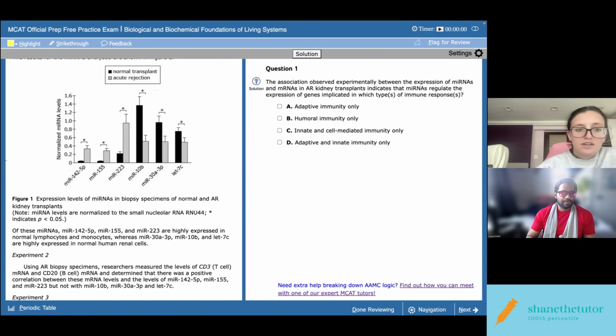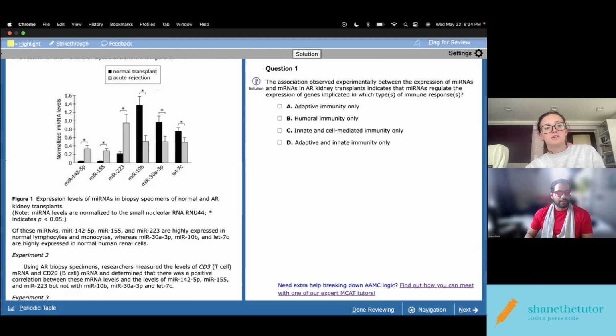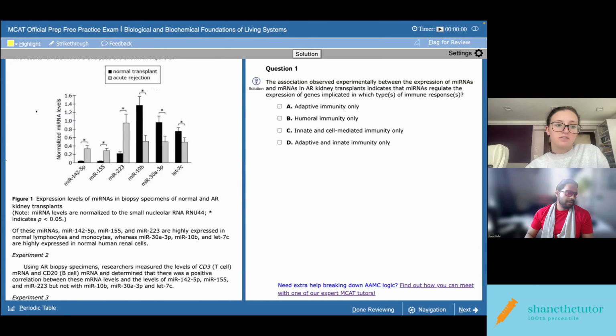It's showing the normal transplant and acute rejection, and the scale of the normalized expression. It varies: in certain ones the normal transplant is higher, and in certain ones the acute rejection is higher.